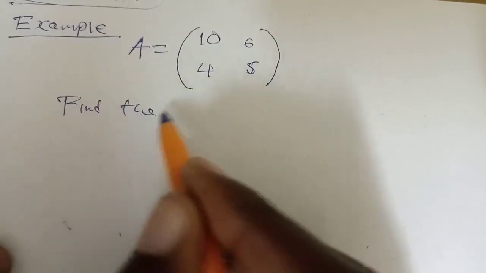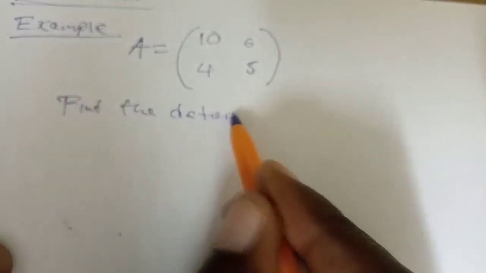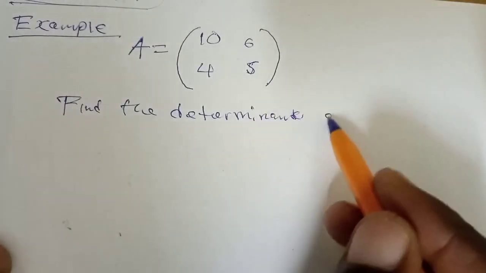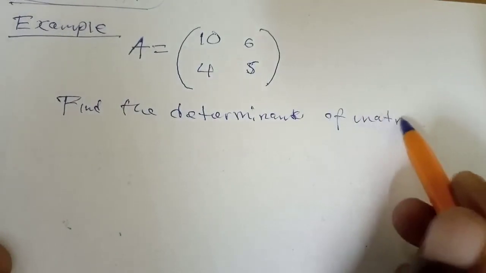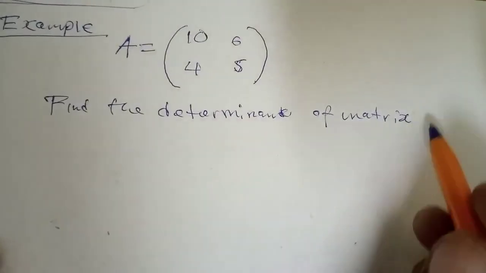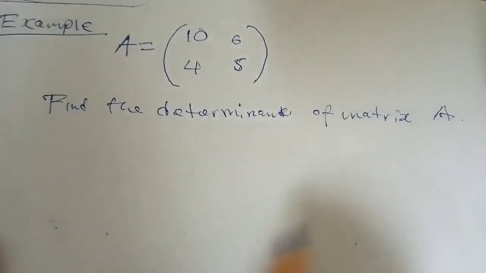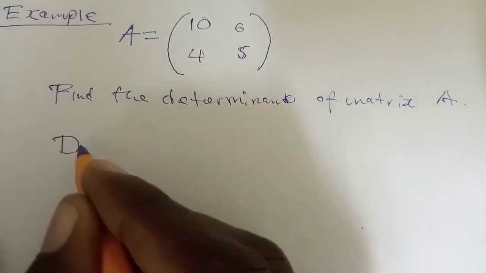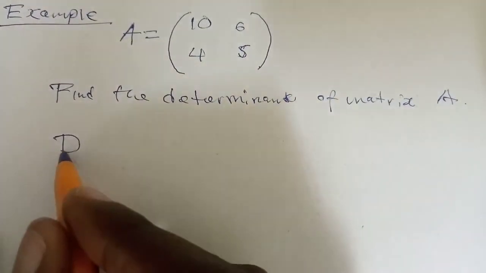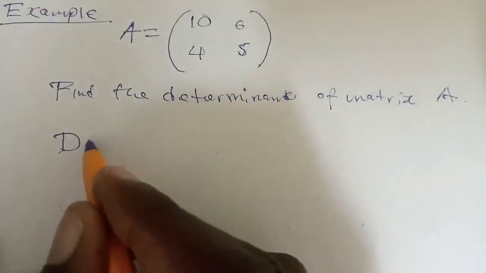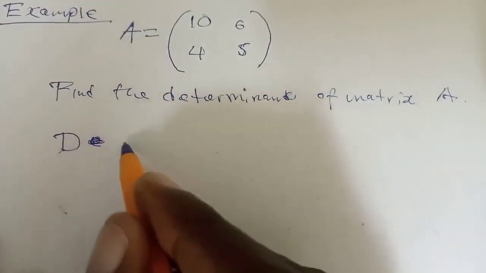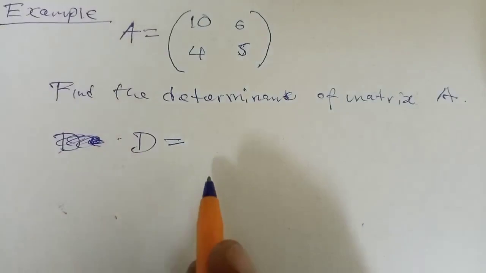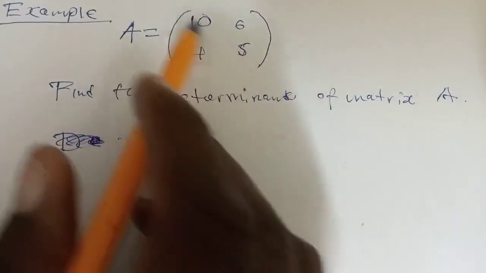When you are asked to find the determinant of matrix A, we say that the determinant is denoted by capital D. The determinant is equal to the multiple of the major diagonal.